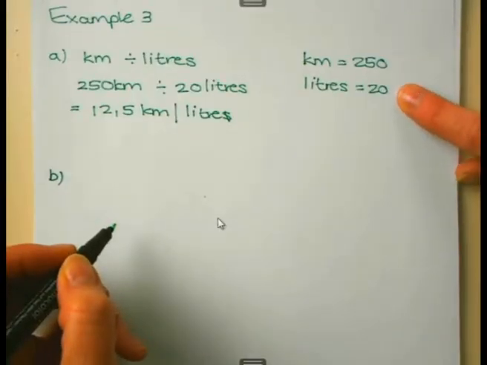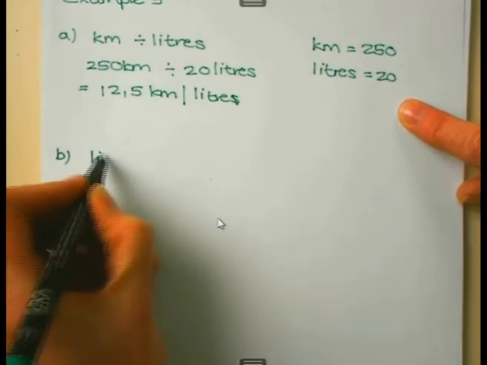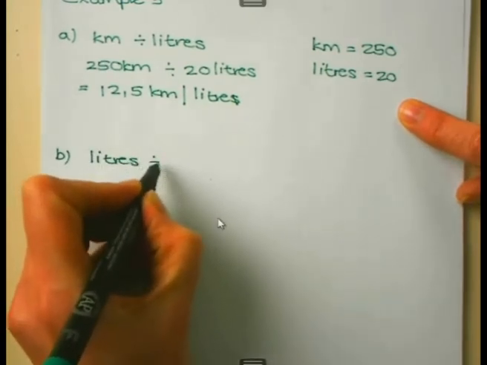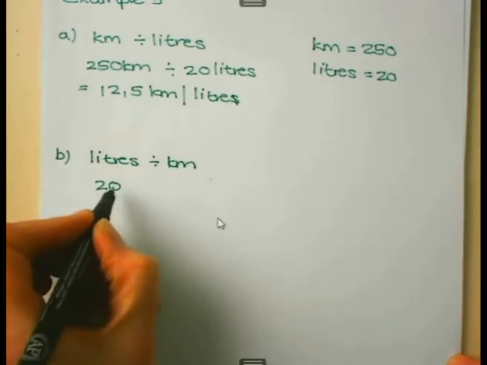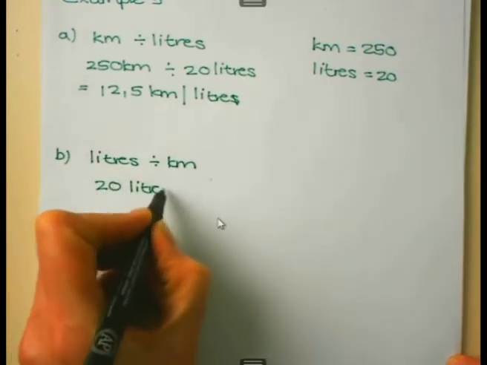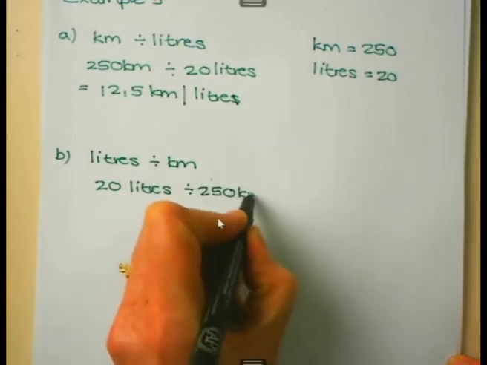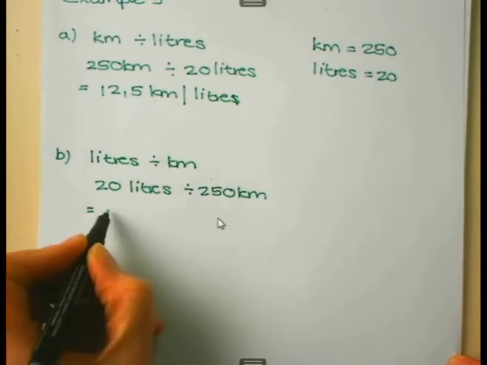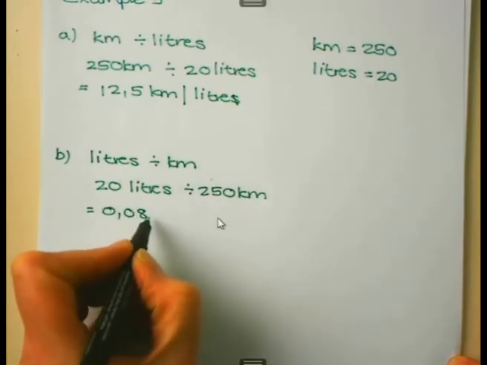Same kilometers, same litres, and now we're going to say litres divided by kilometres, because it's litres per kilometre. So we say 20 litres divided by 250 kilometres. And that gives you an answer, if you work it out in your calculator, of 0.08 litres per kilometre.